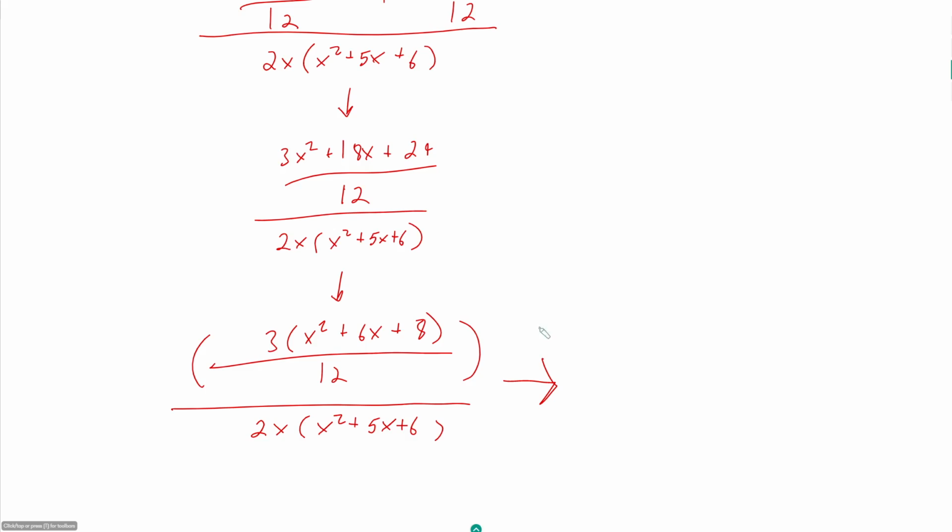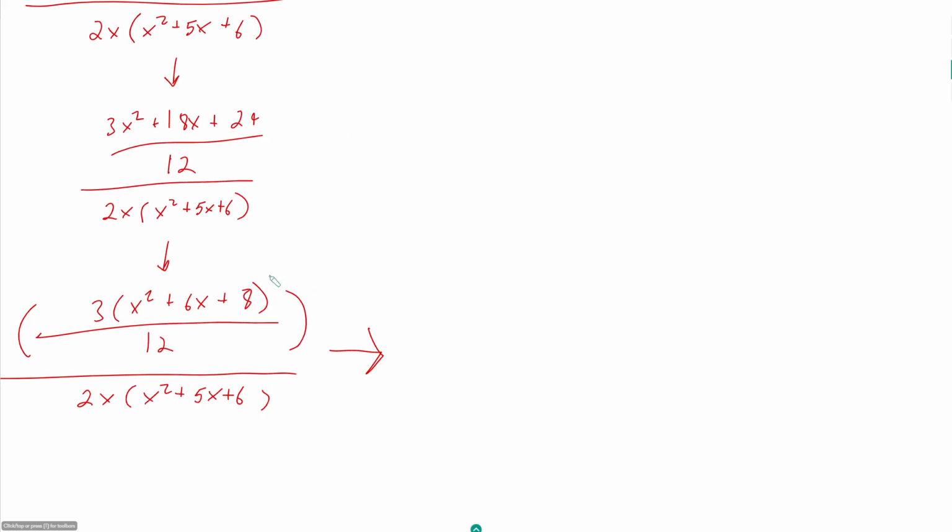I feel like we're getting close to the end, so let's start going horizontally. Here, my 3 and my 12 simplify to 1 over 4, so I'm left with just a 4 on the bottom there.